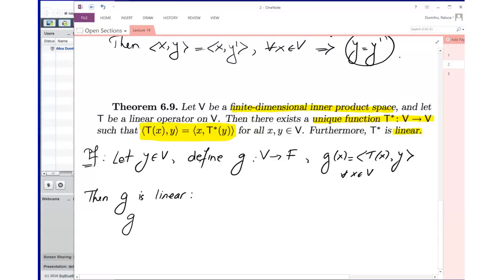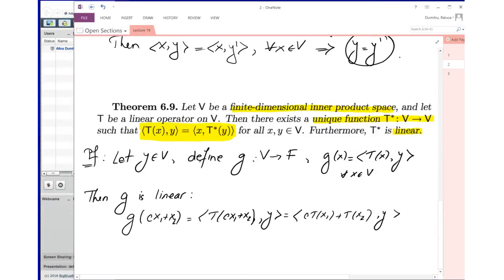So let's see, G of Cx1 plus x2 is the inner product between T of Cx1 plus x2 and y. T was a linear transformation, right? So T of Cx1 plus x2 is C T of x1 plus T of x2.